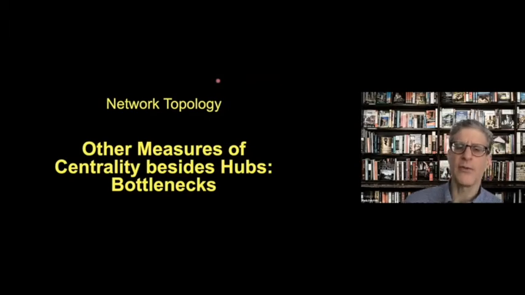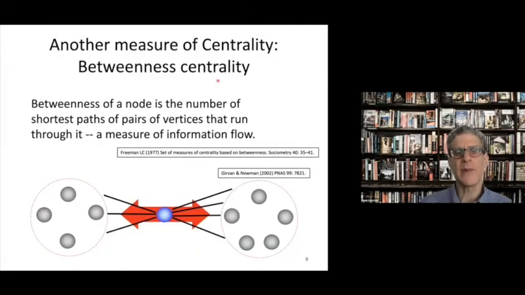Let's look at other measures of centrality. So another measure of centrality is the notion of bottlenecks. So remember, hubs are essentially found from looking at the degree distribution, okay? There's another measure that you can look at, which is the betweenness of a node. And the betweenness of a node speaks to how many of the shortest paths, remember we talked about shortest paths, how many shortest paths in the network go through that node.